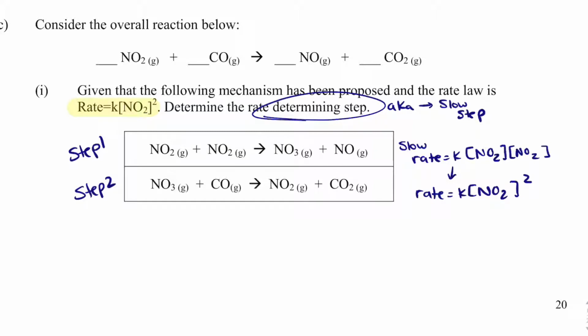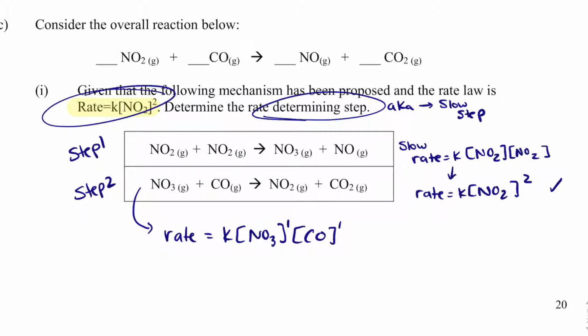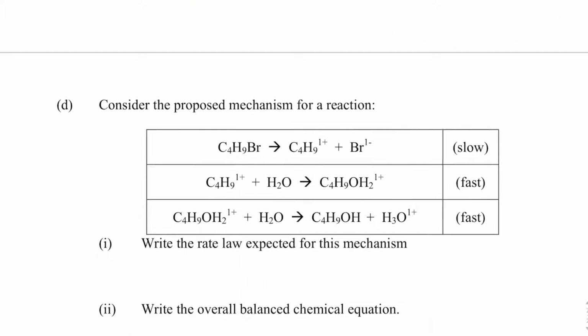And so I think that's right. Let me just double check that if step 2, if I wrote the rate law, if that one happened to be the slow step, I'd say rate is equal to K NO3 to the first power CO to the first power, and that does not match that at all. So it's got to be step 1.